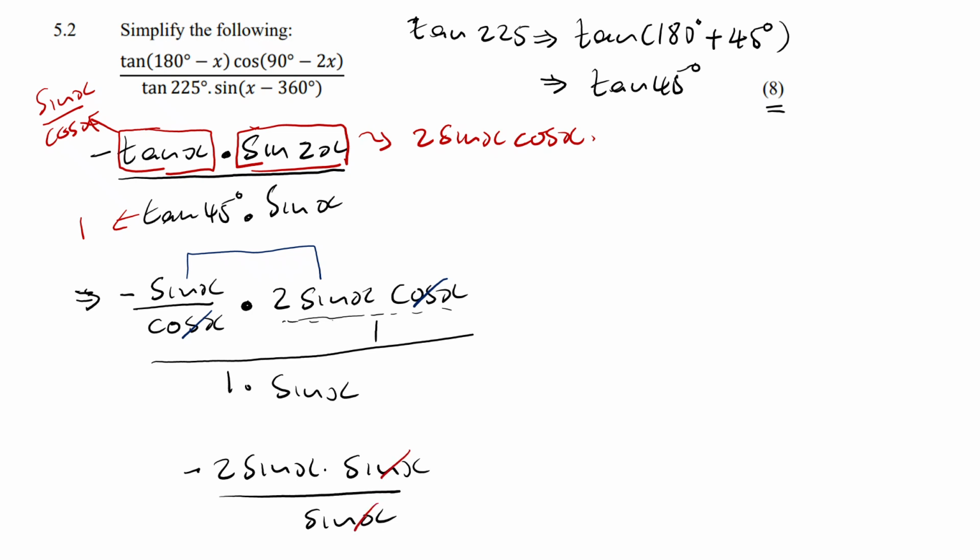So there's no need for you to multiply the 2 there on top, so that you can easily see that the 2 will cancel, and this leaves us with the final answer of negative 2 sine x. And that's it for this one. That was an easy 8 marks.